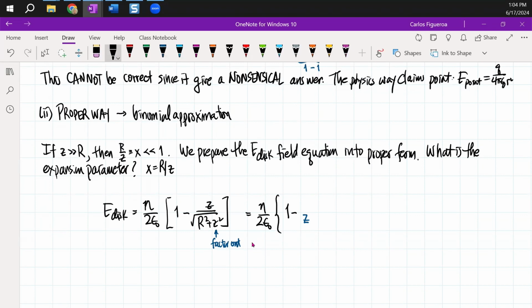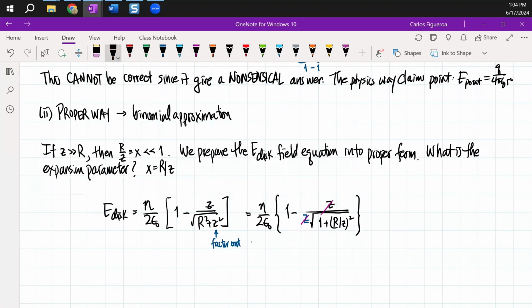Then I'm going to take my square root here, and I'm going to see that this is going to be 1 plus r over z squared. And then I have that z here. And right away, you can see that this one and that one cancel out.